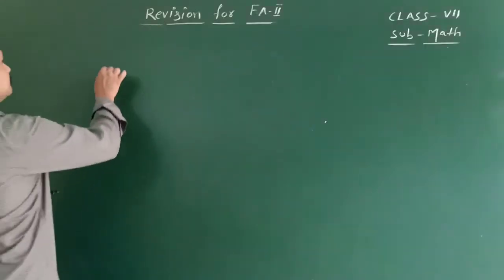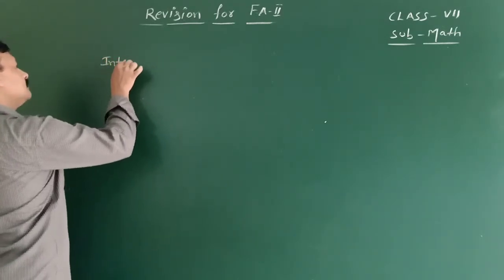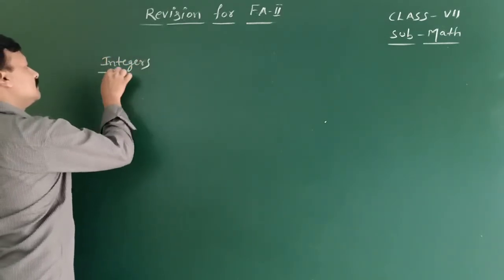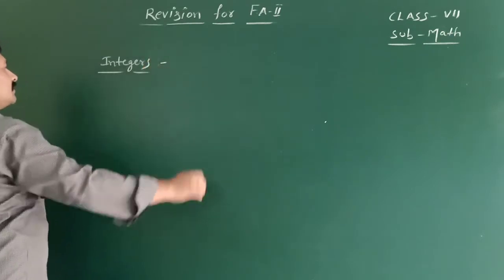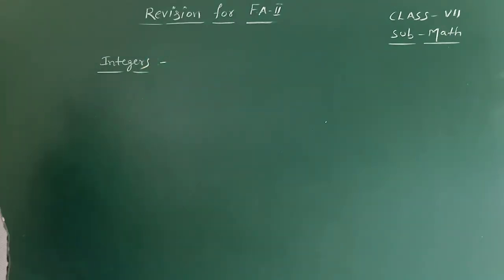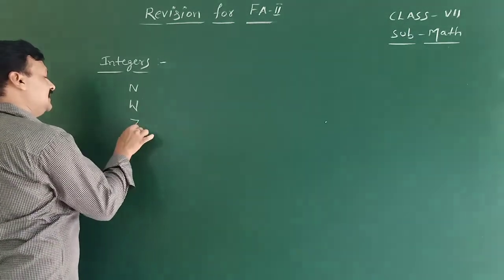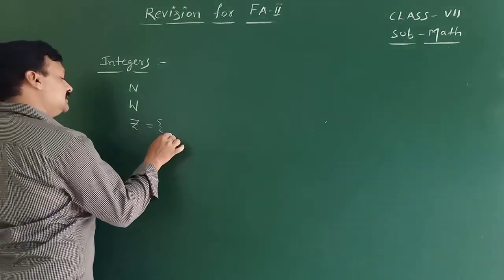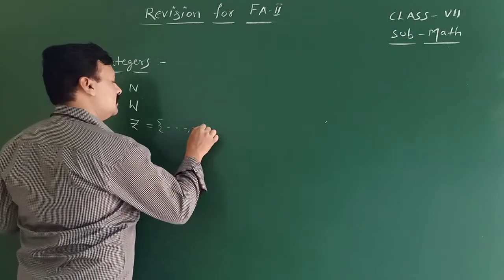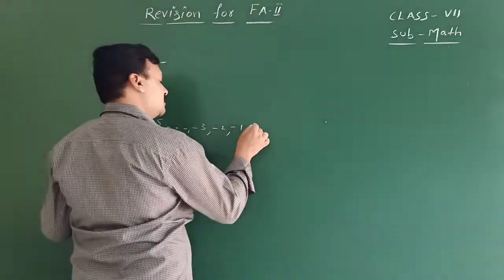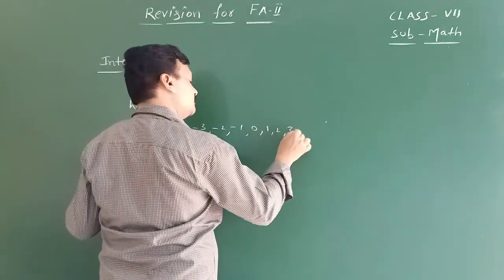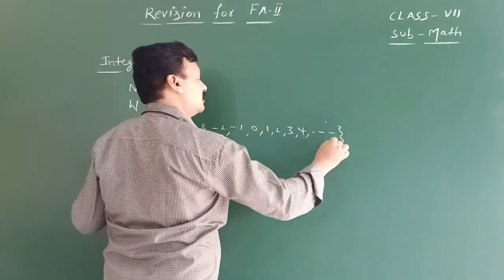Next, integers. Here we have natural numbers, whole numbers, then integers. Integer means -3, -2, -1, 0, 1, 2, 3, 4 and so on.